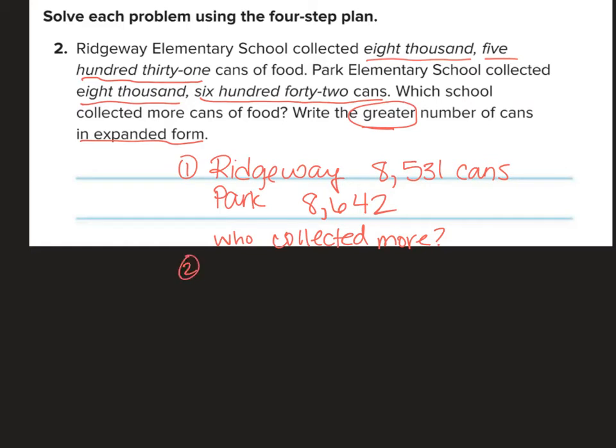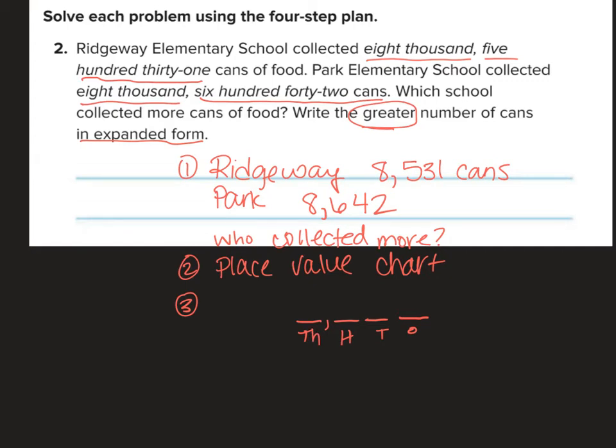Step 2, what's my plan? Use a place value chart. Okay, so I have ones up here. I'm doing step 3, solve it. Ones, tens, hundreds, thousands. Okay.